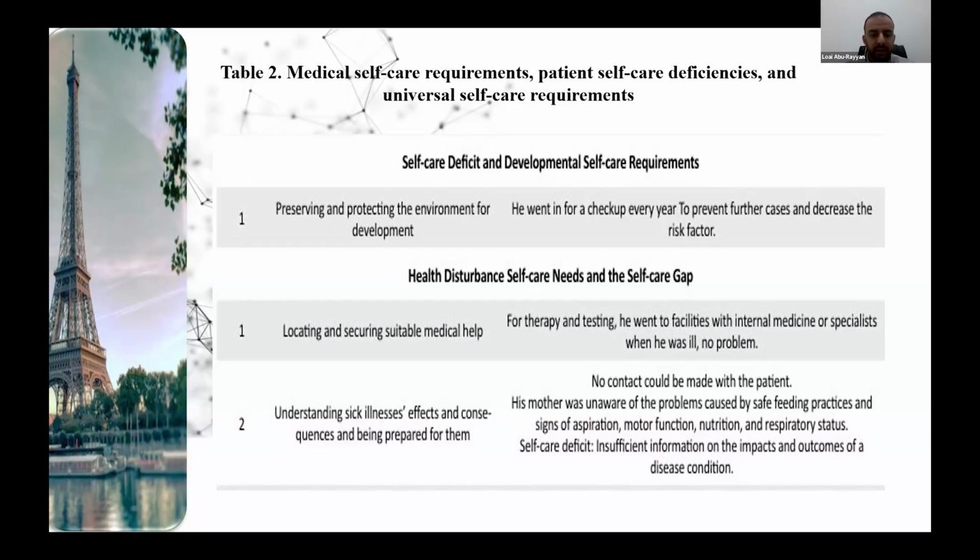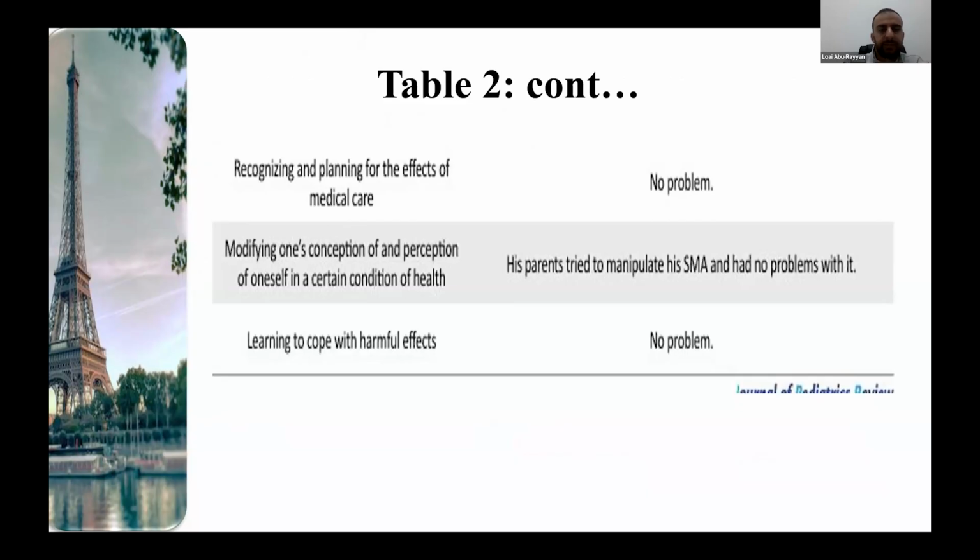Understanding sick illness, effects and consequences, and being prepared for them. No contact could be made with the patient. His mother was unaware of problems caused by unsafe feeding practices and signs of aspiration, motor function, nutrition, and respiratory status. Self-care deficit: insufficient information on the impact and outcome of the disease condition.